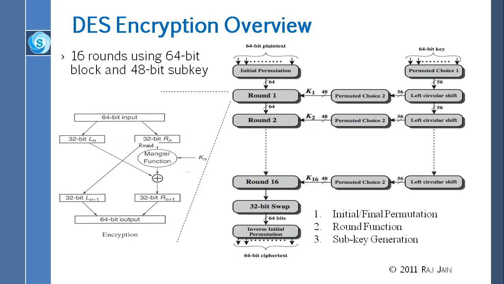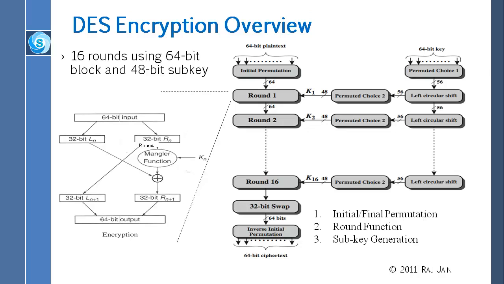So you do a left circular shift, and then you do some permutation on that to get 48 bits. Then you do more shifting, and then permutation to get 48 bits out of that, and so on and so forth. So in every round, we take a 64-bit quantity and we use a 48-bit key. Now how is it used?